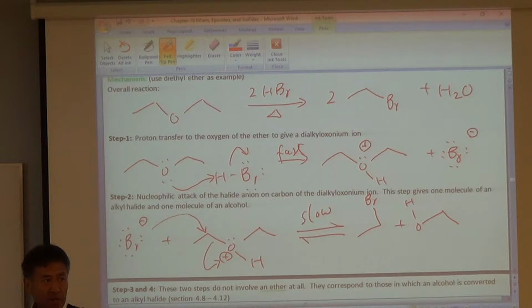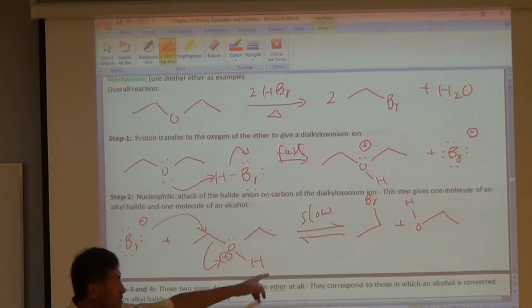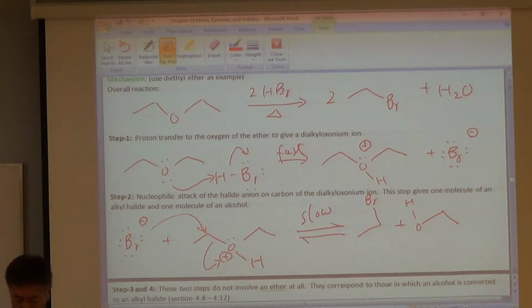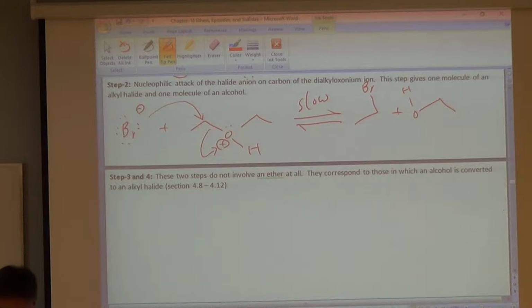Then you know what happens if we remember what we did in chapter 15. You have an alcohol and you have a lot of HBr, so the HBr reacts with that alcohol. I will take that alcohol and rearrange the structure like that, and then you have the HBr, and it's a very quick step.